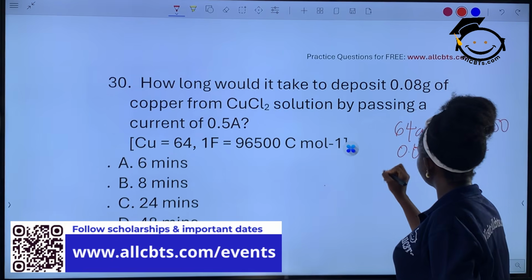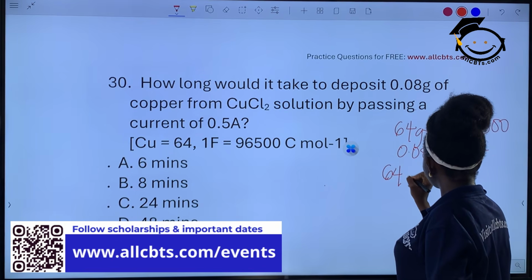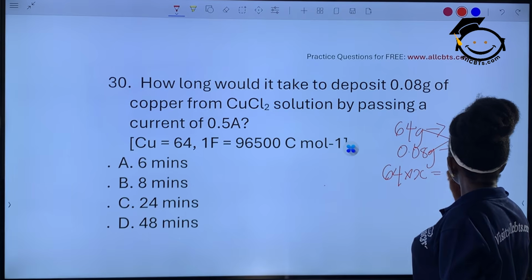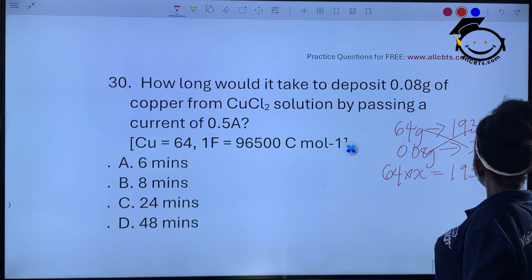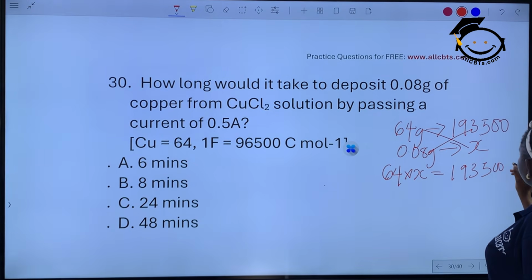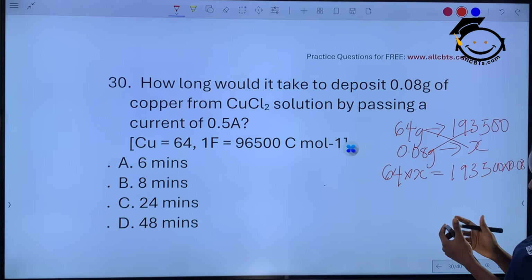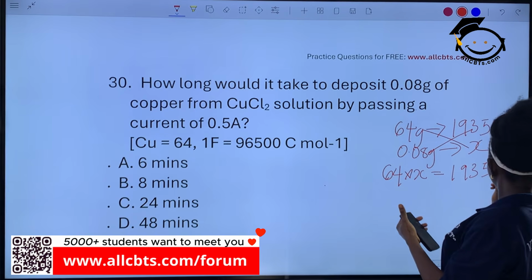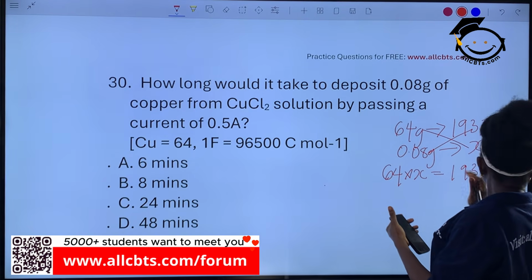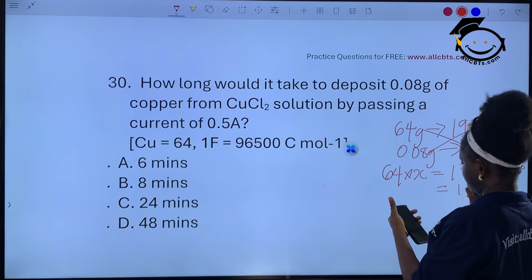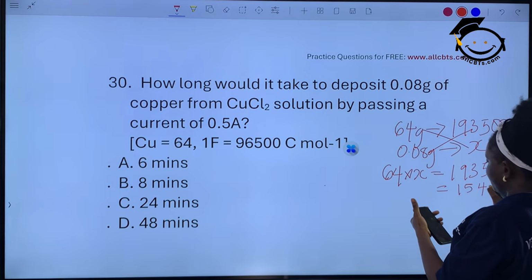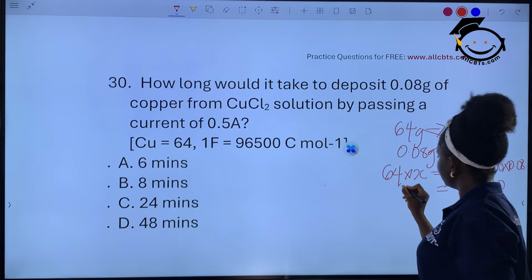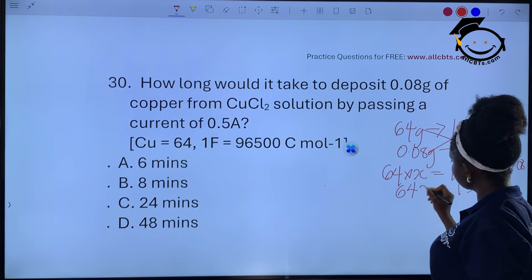Cross multiply. 64 times x equals 193,500 times 0.08. That will give us 15,440. This is 64 times x will give us 64x.